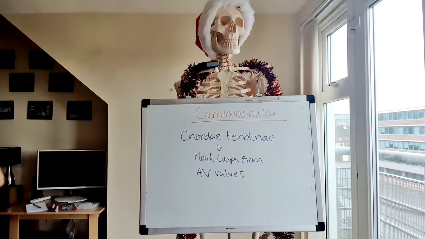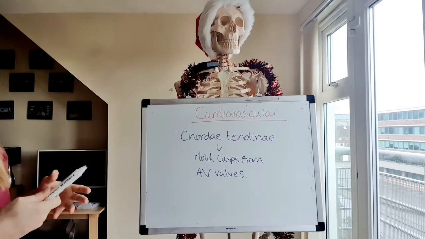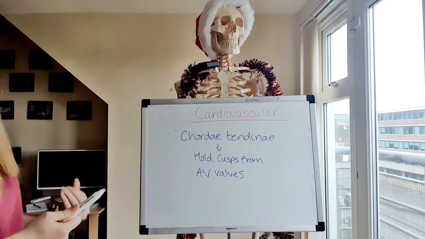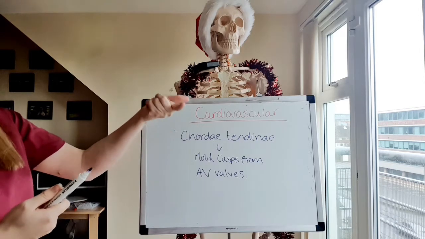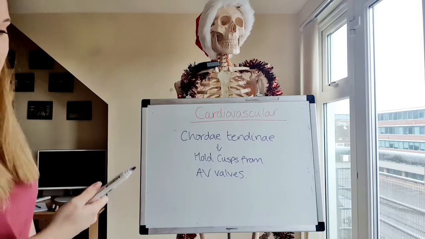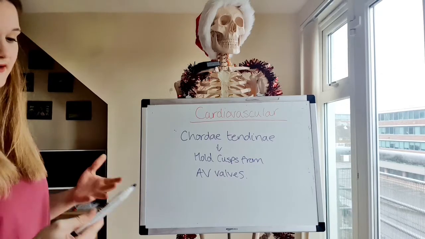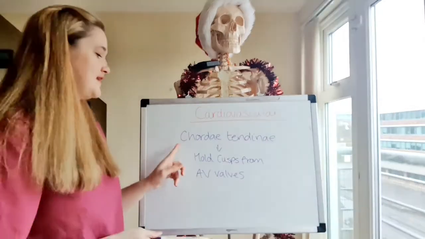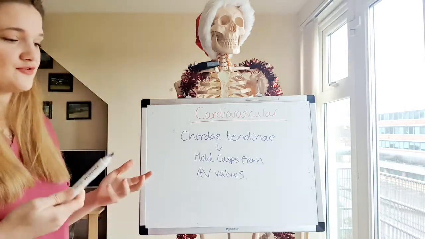I want to talk a little bit more about valves. Valves are made from fibrous connective tissue that's covered in epithelium. So we know epithelium lines everything, and they're very, very strong. If you were to hold them up, you could probably pick up a heart just by doing that. They've got a smooth surface and they stop things from sticking to it, like any kind of bacteria. They have things called chordae tendineae, which just means tendinous cords.